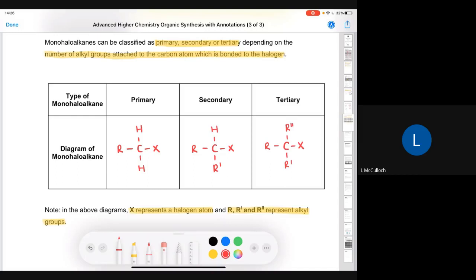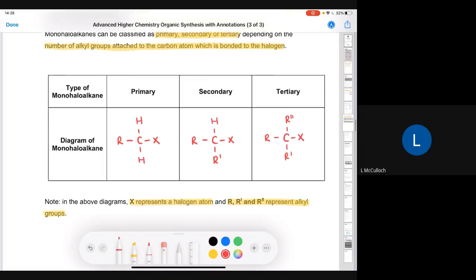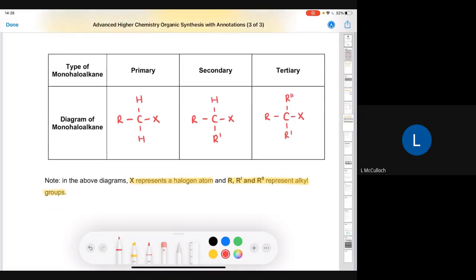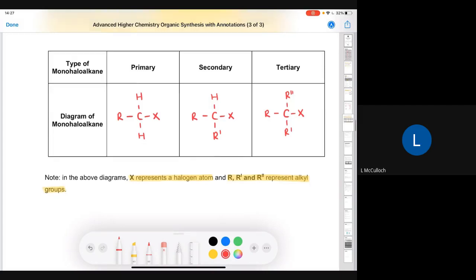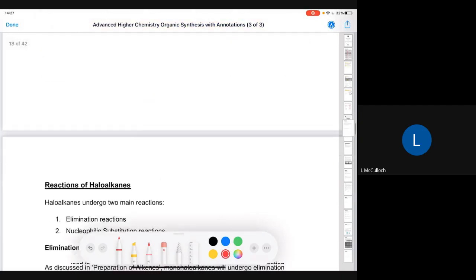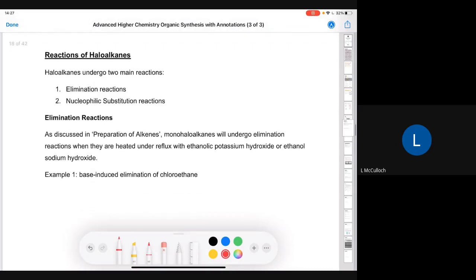Okay, so we're going to come back to looking at why types of monohaloalkane are important a little bit later on. Okay, so we're just going to kind of leave that hanging in the background. So we're going to go on to look at reactions of haloalkanes.